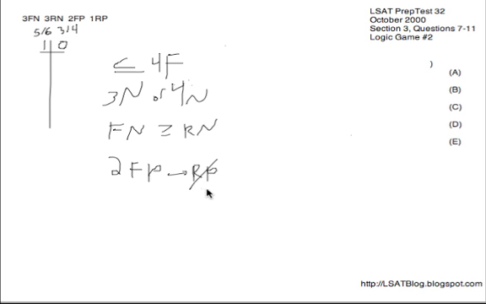Now we can make some inferences by considering these rules at the same time. So like, for example, consider the second and third rules together. At least 3 novels, and the number of French novels is greater than or equal to the number of Russian novels. Could we ever have 0 French novels? No, because if we had 0 French novels, we'd have 0 Russian novels, and then how would we be able to reach that minimum of 3?